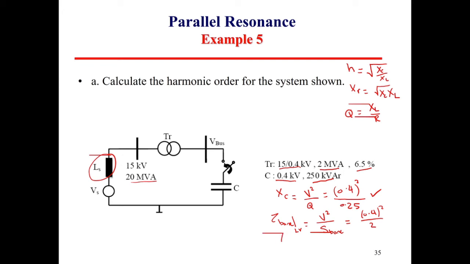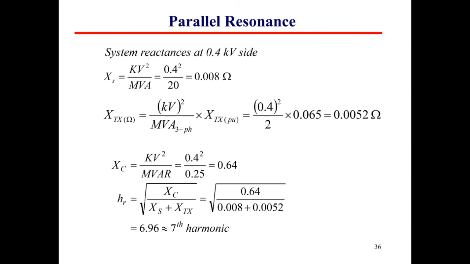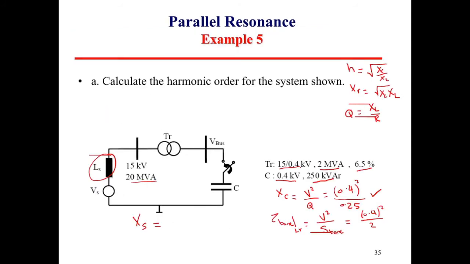So over here I will call this one XS. If you like to find it on the high voltage side, that's fine, say V squared over S, and then you refer it to the low voltage side. So you can do that one.